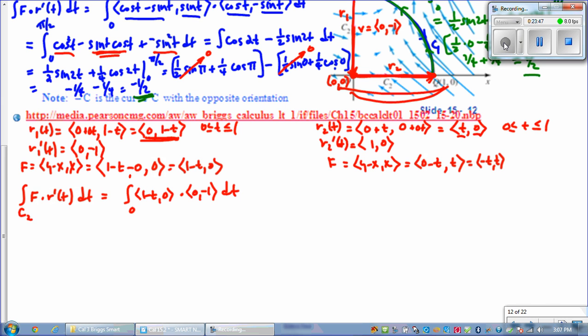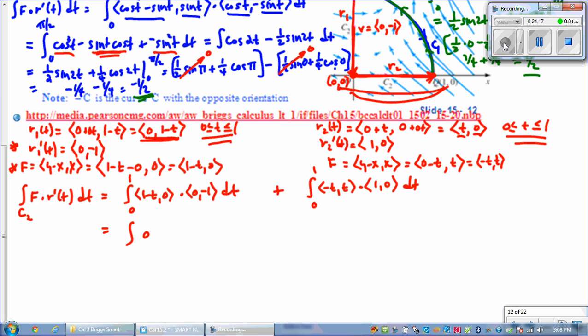And that was t going from 0 to 1. So I'm just using this vector field and this tangent vector. And then we need to add the other one. So the f over here would be (negative t, t), and the r prime would be (1, 0). And again, we're using the parameter values for our limits of integration. Okay, just do the dot product.